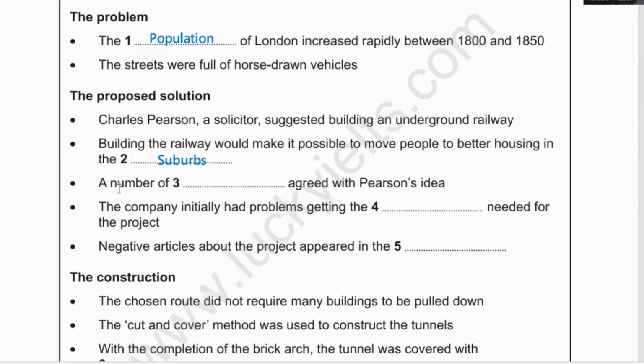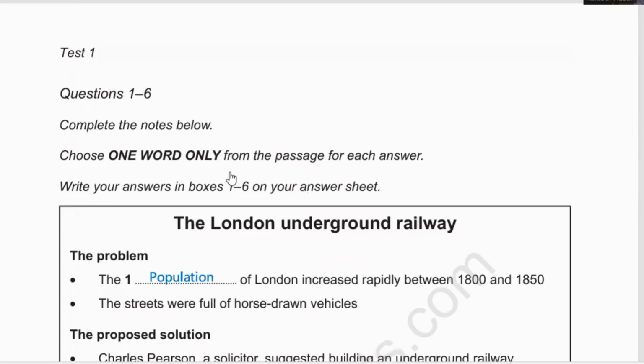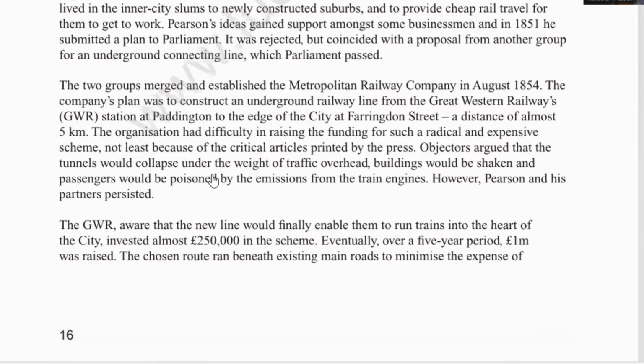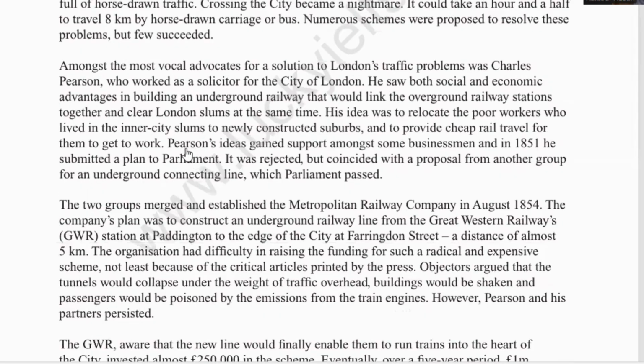And the number 3 question: a number of dash agree with Pearson's idea. A number of some people, a group of people who agree with Pearson's idea. Let's find the location, Pearson's. Pearson's idea gained support amongst some businessmen.